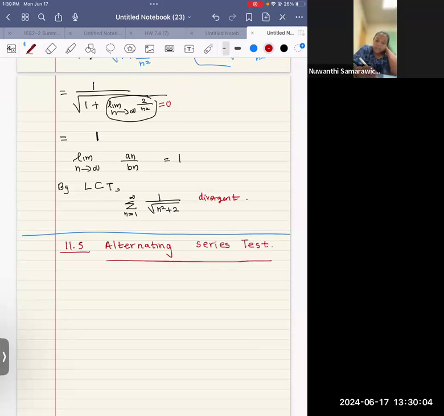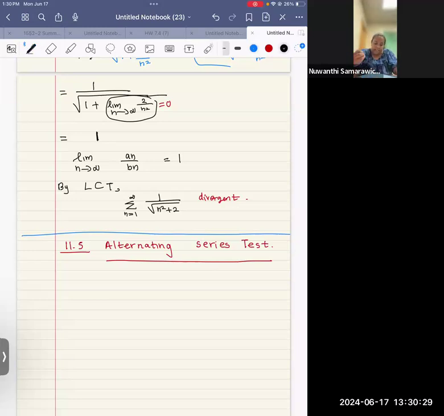This is another kind of test that we can use to show the series is convergent or divergent. We now have lots of tests, but this is a different kind of test. So let's see what kind of series you will get here.